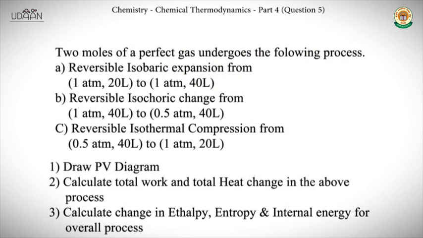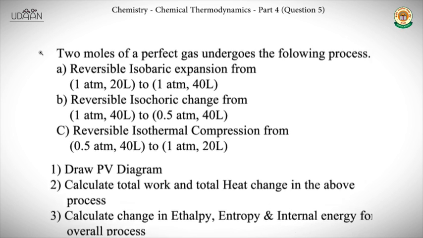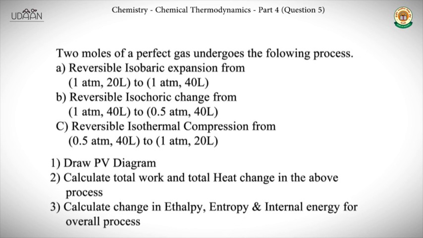Now the fifth question for you is, 2 moles of a perfect gas undergoes 3 following processes. A, a reversible isobaric expansion from 1 atmospheric pressure 20 liters to 1 atmospheric pressure 40 liters.